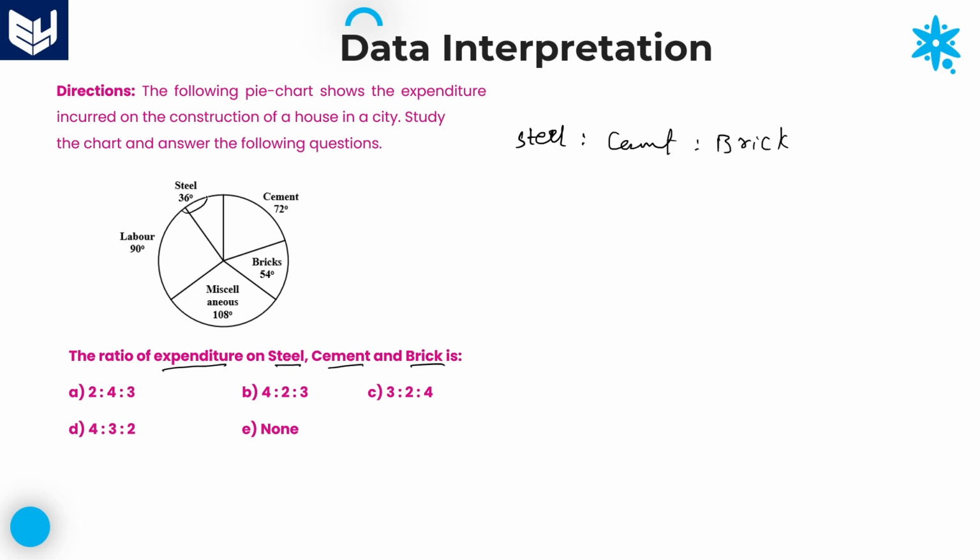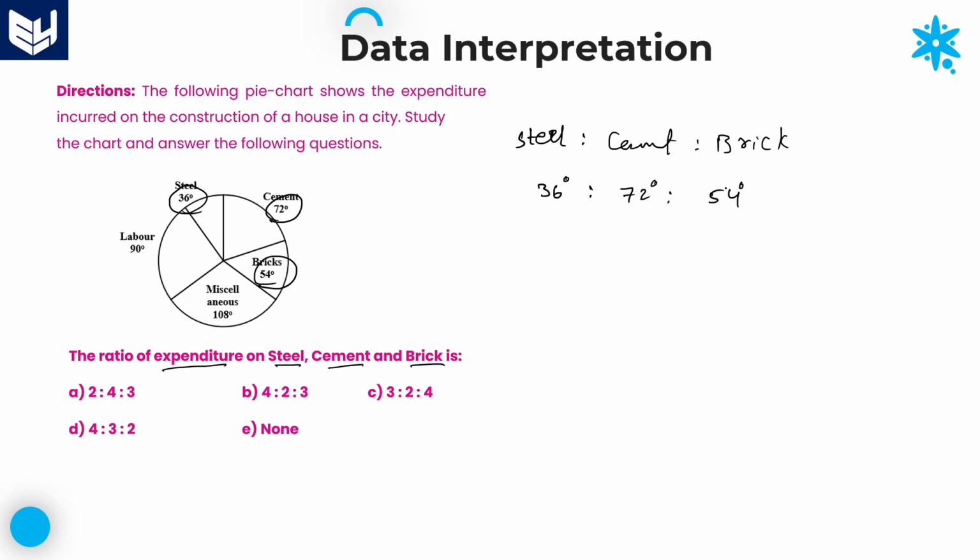Steel value is 36 degrees. Everything is given in terms of degrees, so there is no need of converting into percentage. You can convert if you want, but as everything is given in degrees, no need. Second one is cement, which is 72. And third one is brick, which is 54 degrees.